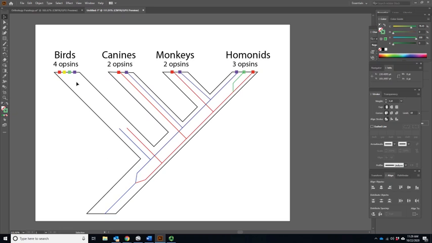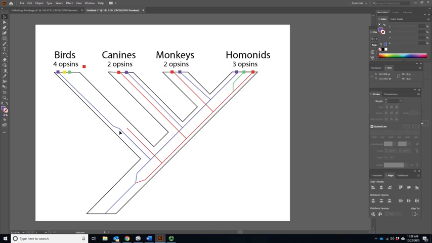Now, the last thing all we have to do is explain why the birds have 4 opsins. And again, we could very easily say, well, maybe there were 2 gene duplication events here. So maybe we've got a gene duplication event here, right, that leads to that purple one. Again, I'm just going to put these in different order so that they're convenient there.